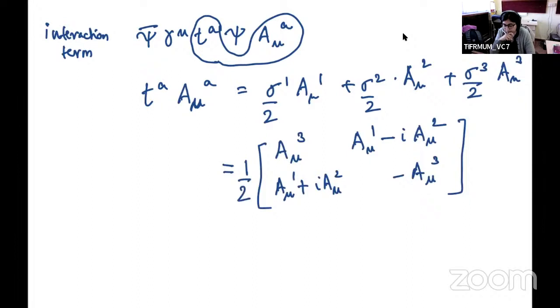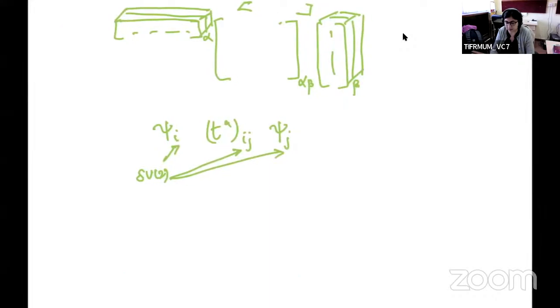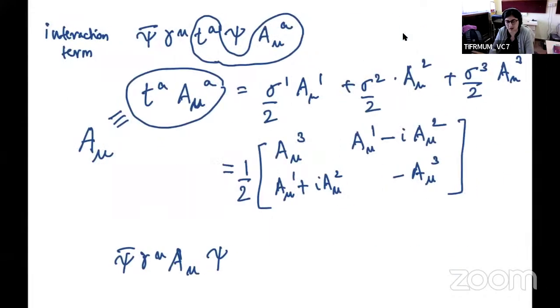Okay. So you have a matrix, so you can also write this simply as A mu, like our old notation, and then you would have psi bar gamma mu A mu psi. I'm keeping it in the middle because it still has a matrix valued multiplication to both psi and psi bar. So remember that there is this extra multiplication going on. So you don't want to bring it outside and just have psi bar gamma mu psi. So you still write it like this, but it looks similar to the simple one-dimensional case that we have, where your A mu now is this matrix valued form.